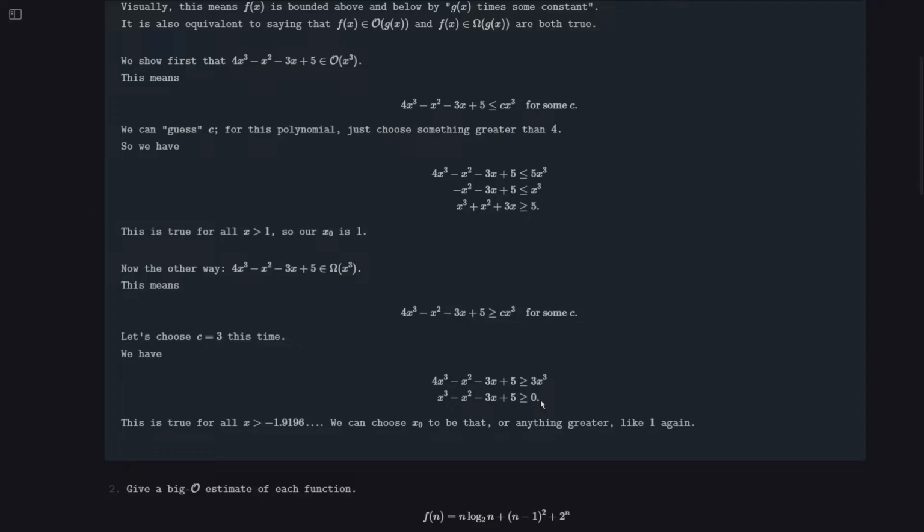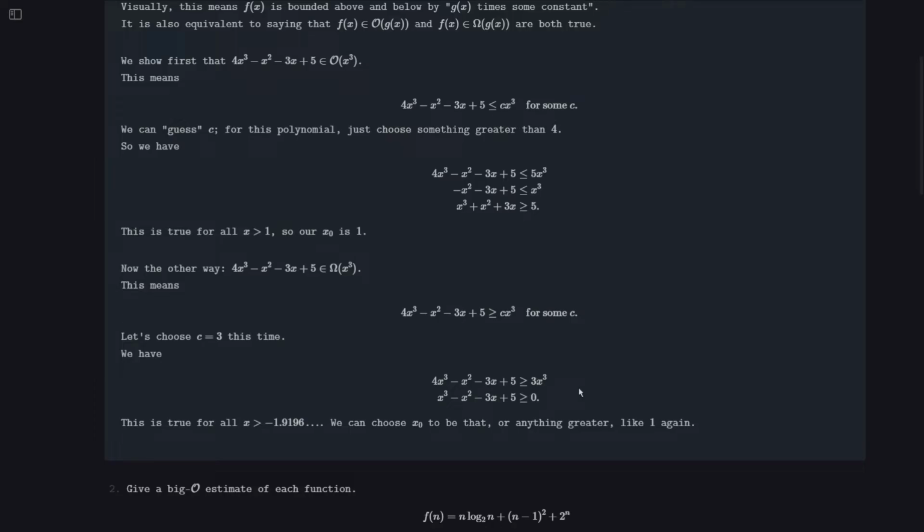In order to do that, we can simply solve x cubed minus x squared minus 3x plus 5 equal to 0, and then we have that as our x0. If we solve this in the calculator, we get minus 1.91964 something. And so for all x greater than this number, this inequality is going to be true. Therefore, the above inequality is going to be true.